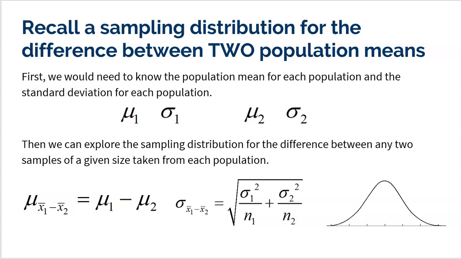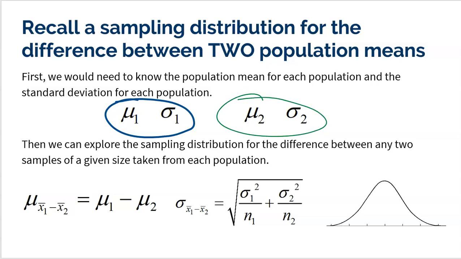But if you recall, when we looked at that back in Unit 5, we said, we know the mean and standard deviation from one population, and we know the mean and standard deviation from a second population. Okay, great. So if we know those values, then we could build a sampling distribution, and a sampling distribution shows us all possible differences between a sample from one population and a sample from the other population. So that's what we're looking at right here.